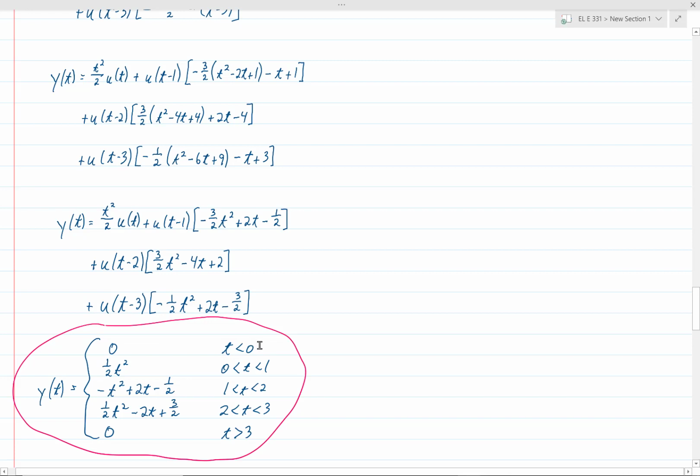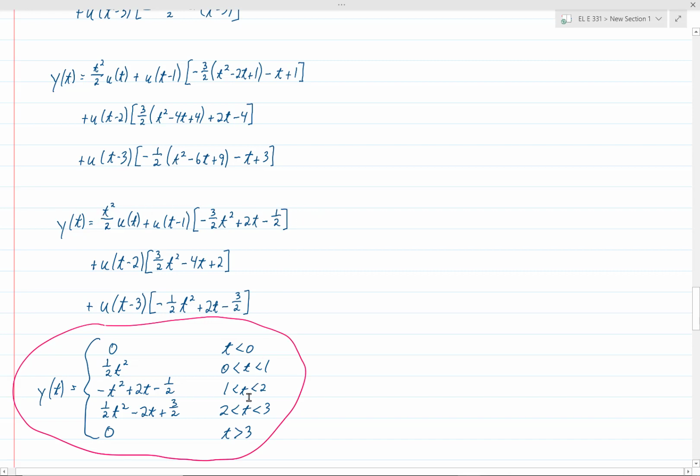than 0. Now when t is between 0 and 1, the first term turns on because now t is greater than 0, but it's still less than 1. So all the other terms go off, or they remain off. And so when t is between 0 and 1, we just have this 1/2 t squared. Now, as we continue to increase t, when t gets between 1 and 2, now both of these first two terms will contribute.